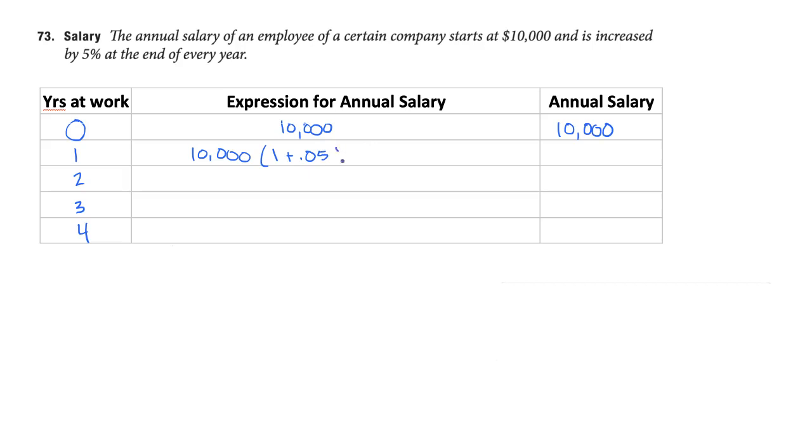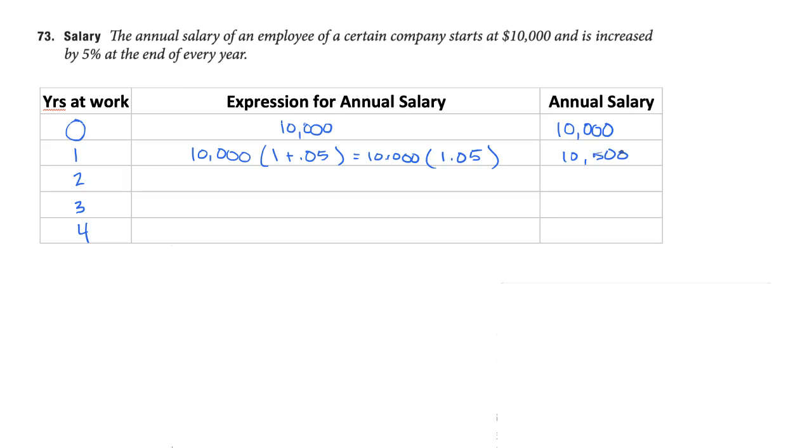In other words, we multiply 10,000 by 1.05. If that doesn't make sense, stop and think about it for just a moment. When we do that, we get 10,500. So it increased by 5%, 10,500.